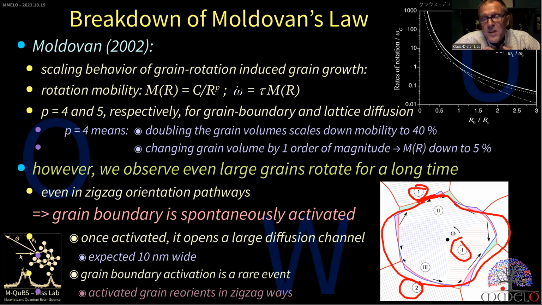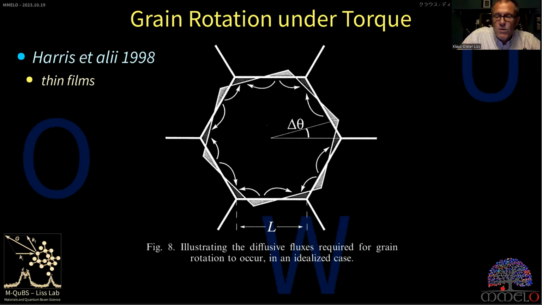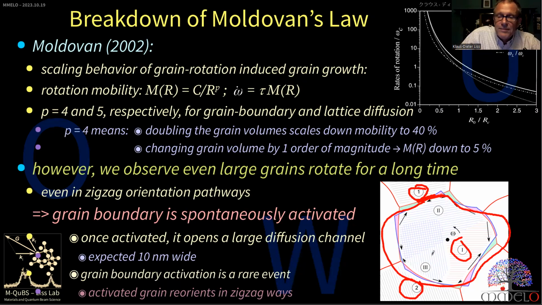So I have a competition of grain 1 and grain 2. This one and that one. It means the grain first orients towards grain number 1, then grain number 2 takes over, and the reorientation goes towards grain number 2.